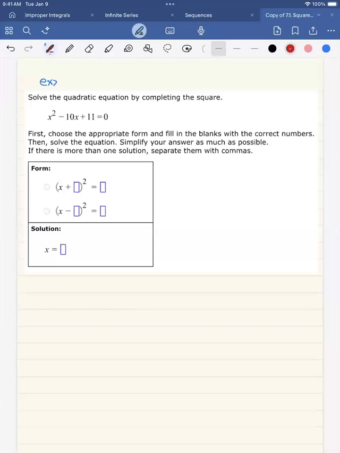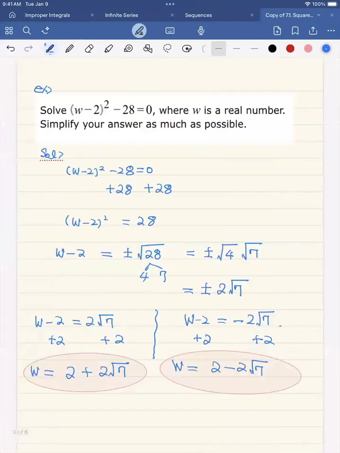In this problem, we want to solve the quadratic equation by completing the square. We have a quadratic equation, x squared minus 10x plus 11 equals 0. What we want to do is make the format similar to this format.